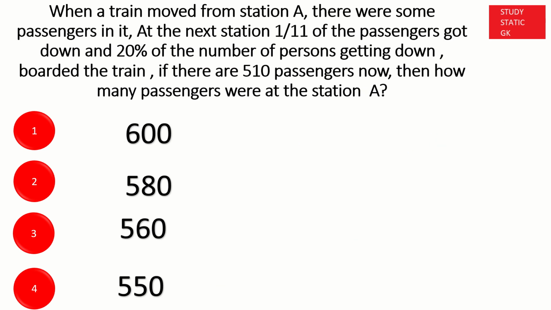Next, when a train moved from station A, there were some passengers in it. At the next station, 1 by 11th of the passengers get down and 20% of the number of passengers getting down boarded the train. So here the number of passengers who got down are 1 by 11th of the passengers who were available at station A, right?